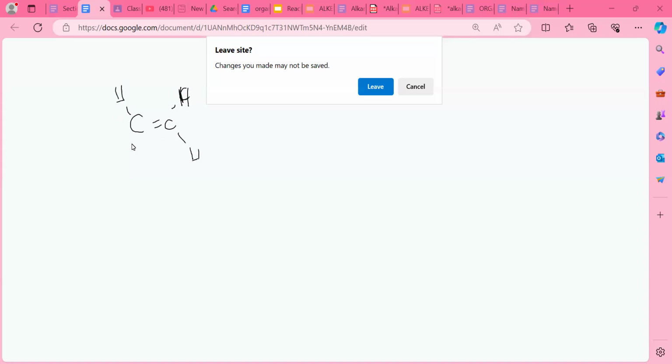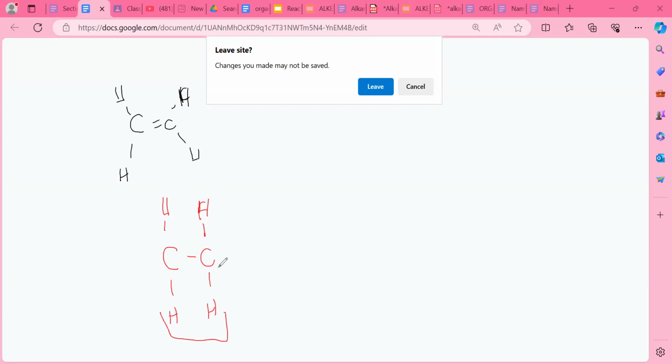Because we understand what happens when the monomer unit opens up, we can draw a partial structure of the polymer.